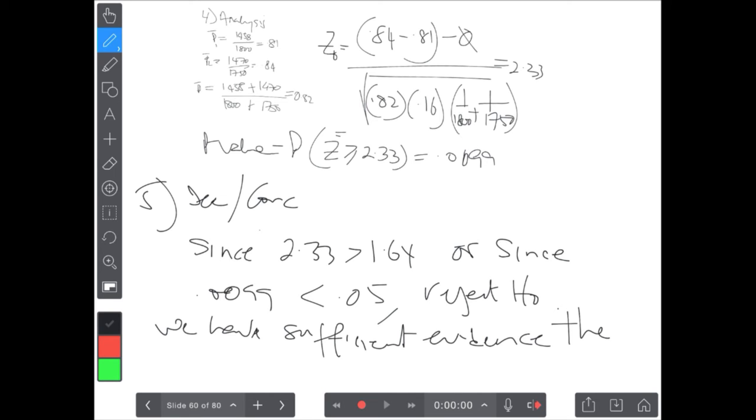There's been an increase in the occupancy rate over the year.